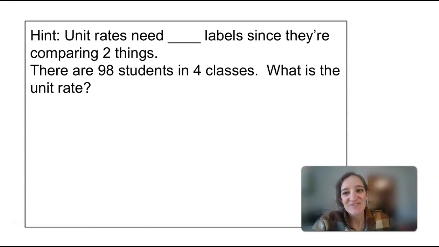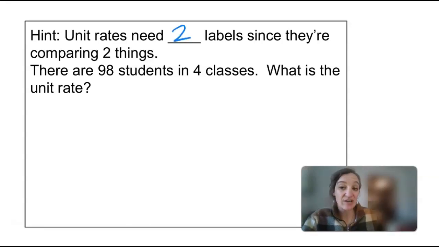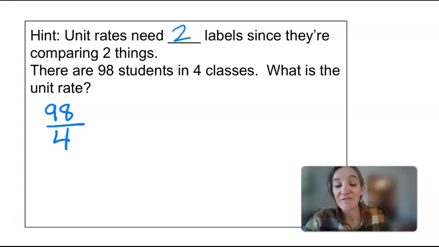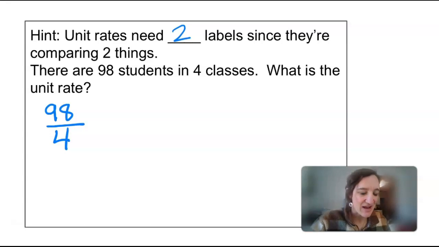All right, as a reminder, your unit rates need 2 labels since they're comparing 2 things. If you have 98 students in 4 classes, what is the unit rate? What it's asking is how many students per class, right?